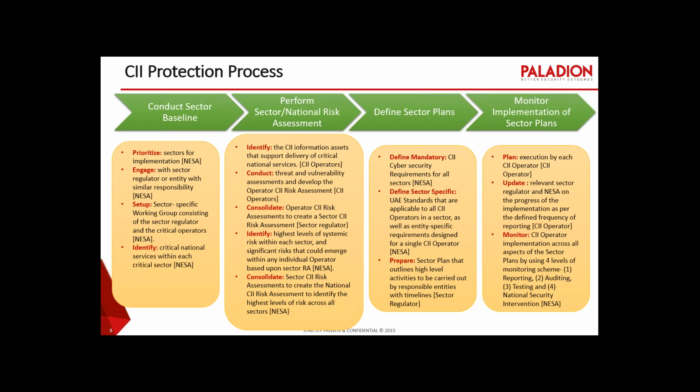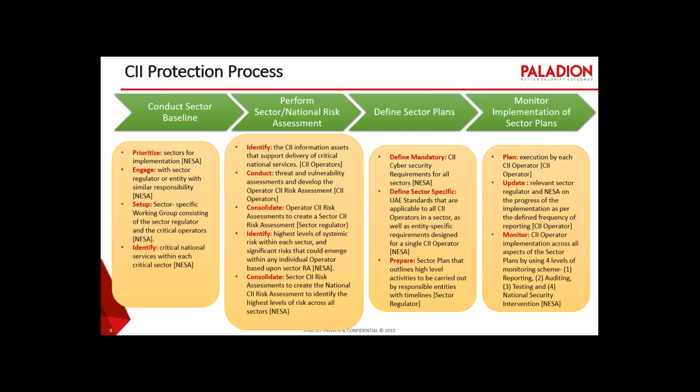So that's the objective of consolidating operator CII risk assessment into sector CII risk assessment: to identify the systemic risk and also the significant risk that can emerge within an individual operator itself.